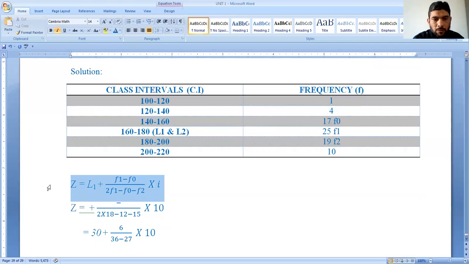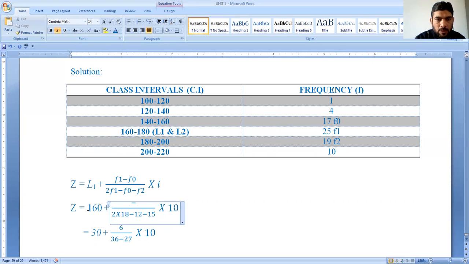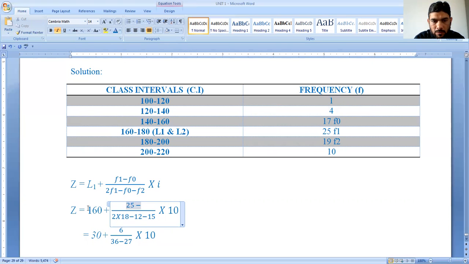The formula is Z equals L1 plus (F1 minus F0) upon (twice of F1 minus F0 minus F2), multiplied by the gap in the class interval, that is I. L1 is 160 in the class interval, so we apply 160. F1 is 25 minus F0, that is 17, and 2 into 25, minus F0 that is 17, minus F2 that is 19, multiplied by the class gap.